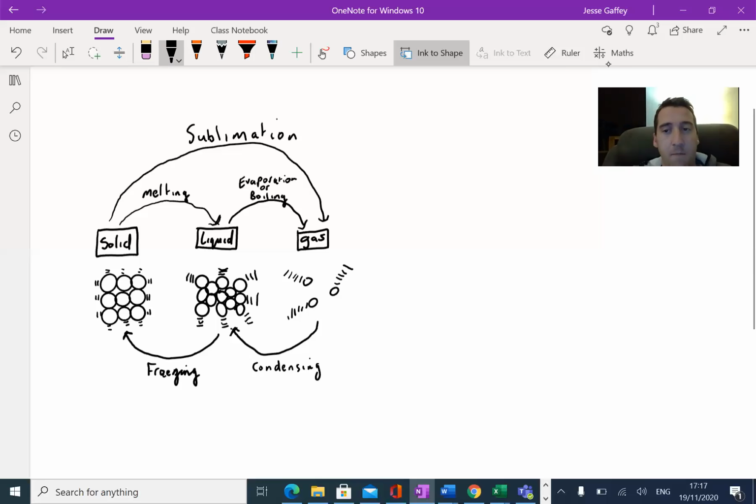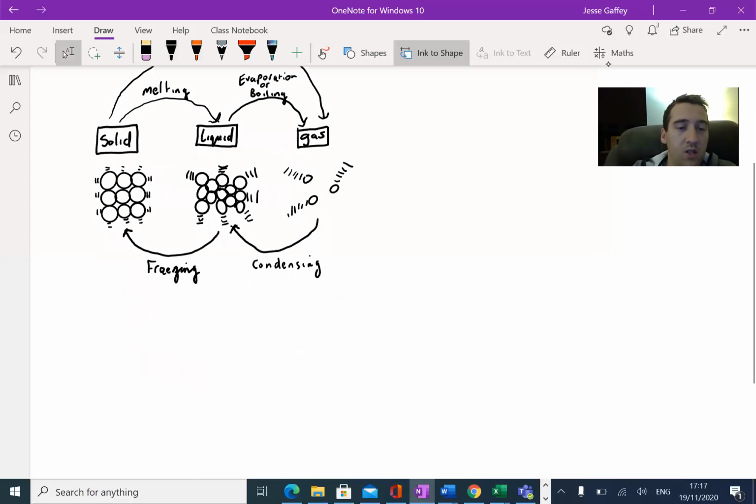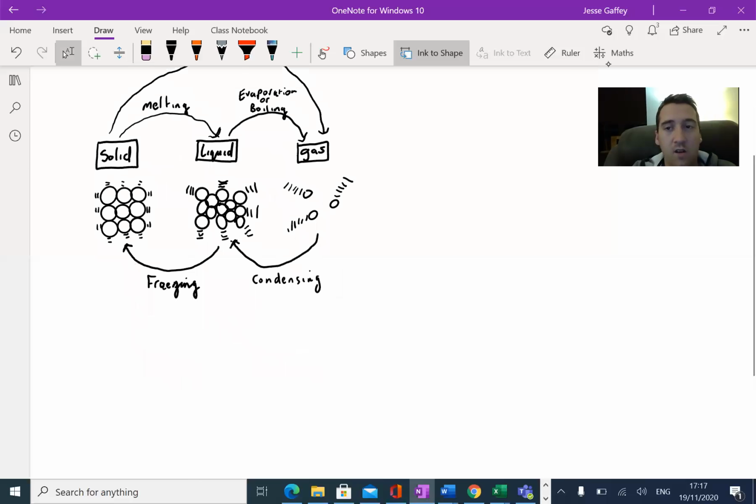Now, in terms of temperature, where is it highest and where is it lowest? Generally, when we're talking about the solid of a particular substance, this will be where the substance is at its lowest temperature.